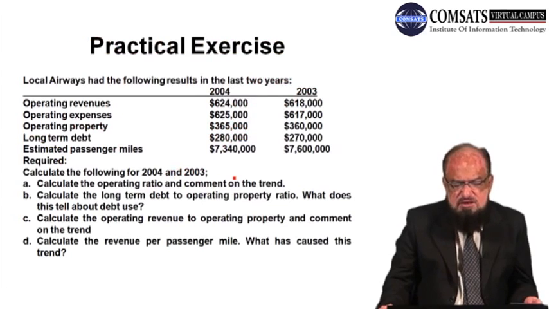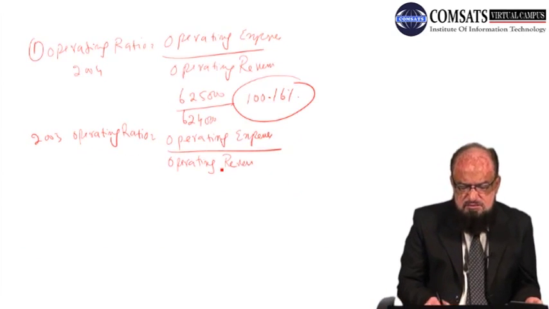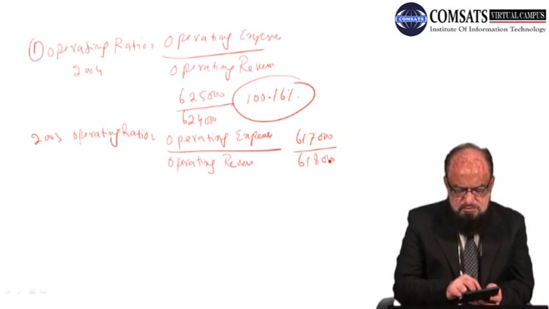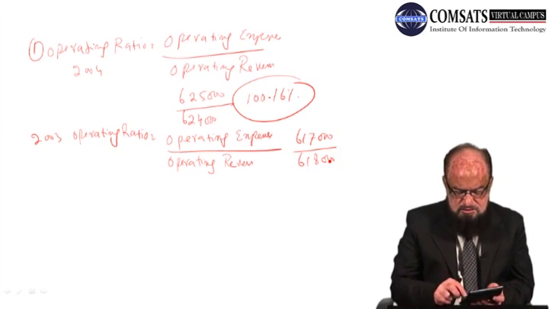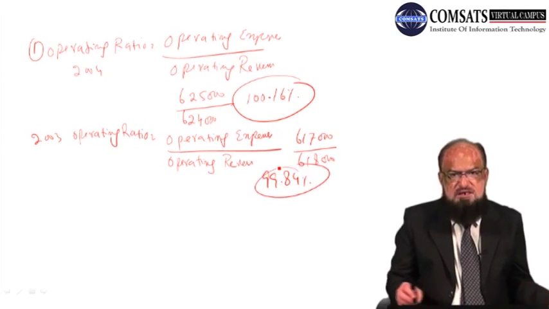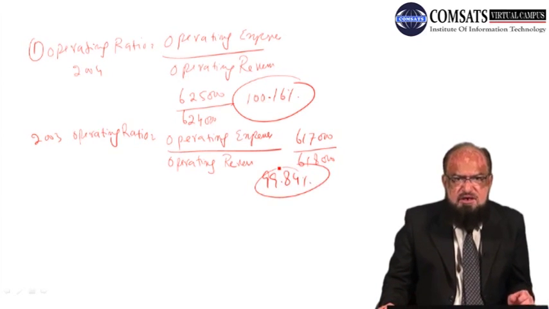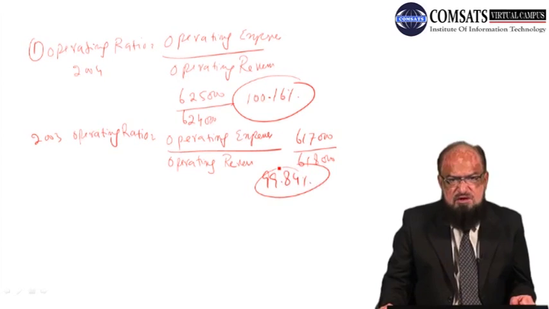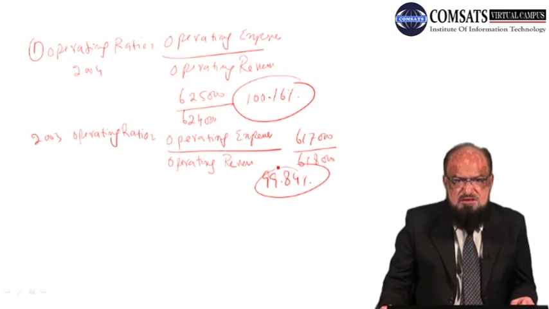Operating expenses are also given in the question, 617,000, divided by 618,000, multiplied by 100, is 99.84%. You can see the trend has changed. Basically, the operating ratio has increased in 2004 compared to year 2003. This is not good for the business.